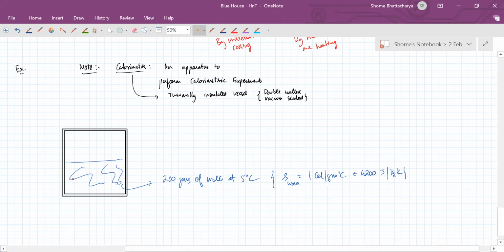Now a metallic block at a temperature of 80 degrees C, mass of 50 grams, and specific heat capacity of the metal 0.2 calories per gram degree C is introduced.